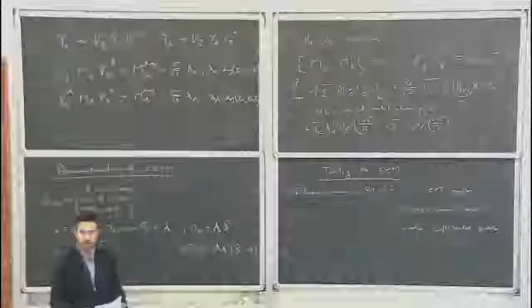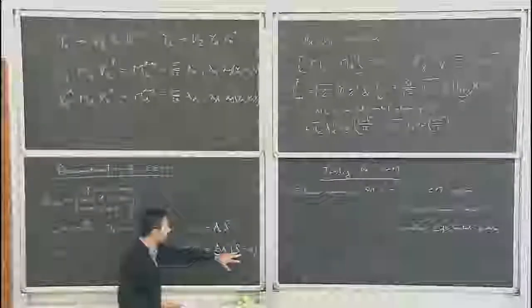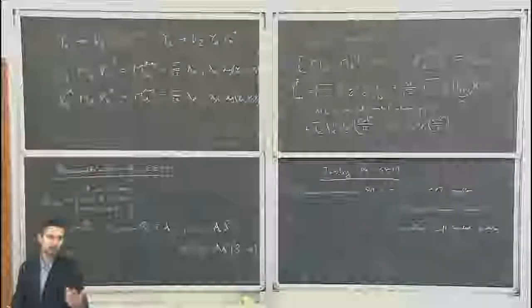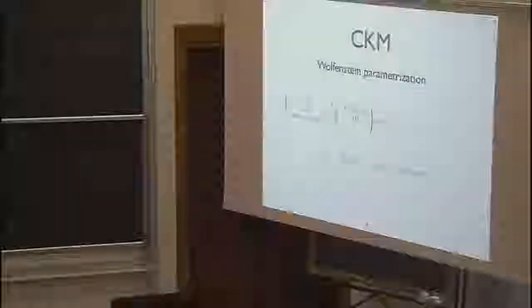So in this parameterization, there is a single expansion parameter, which is lambda, and two real and one imaginary parameters of order 1, and in this way it remains completely general. You can always do this reparameterization, and it's still exact.